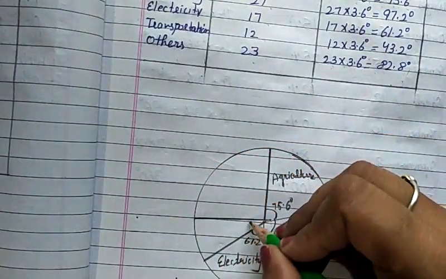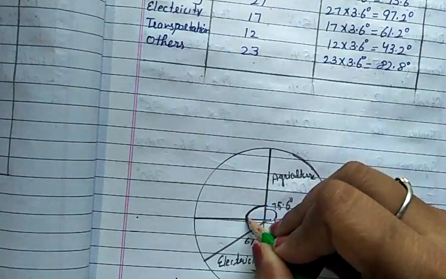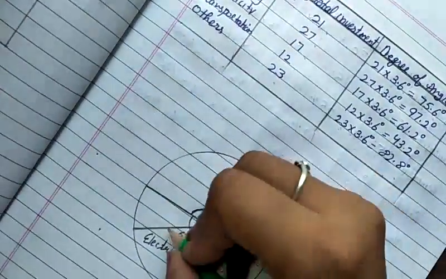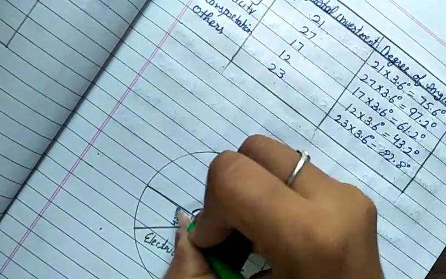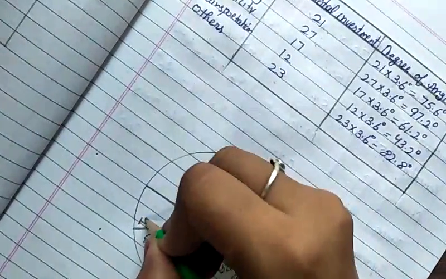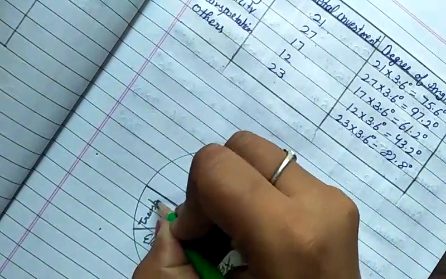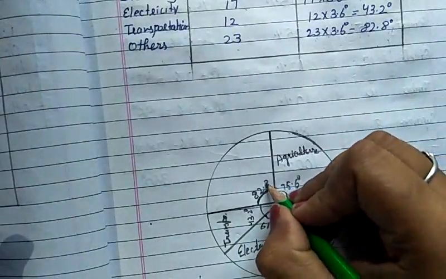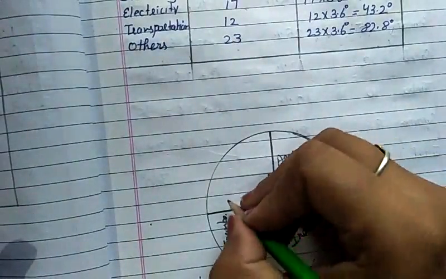And the remaining portion is like this. So 43.2 degree denotes transportation, and the remaining denotes 82.8 degree, which shows others.